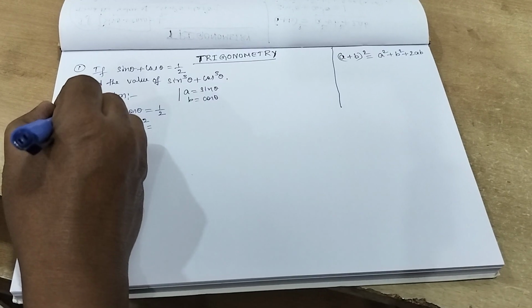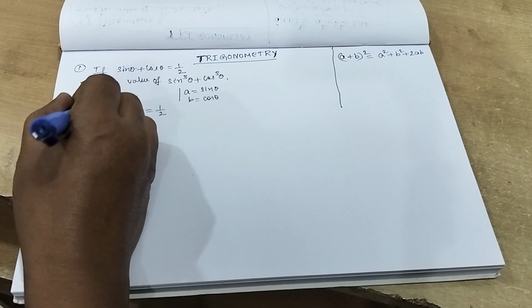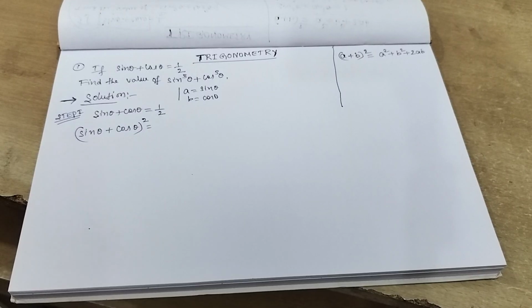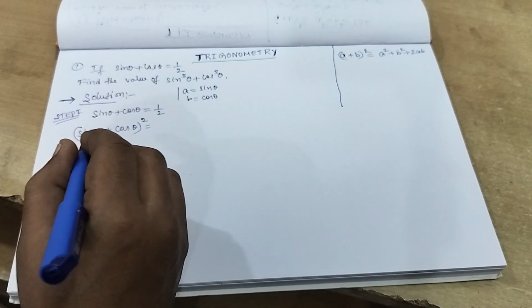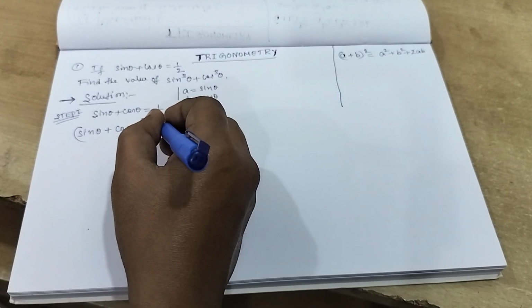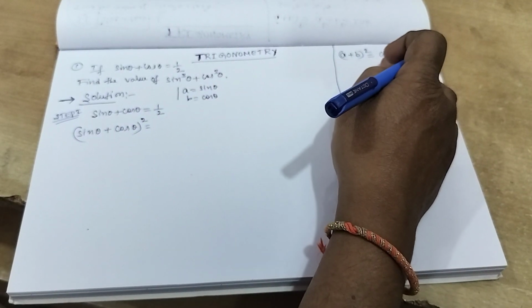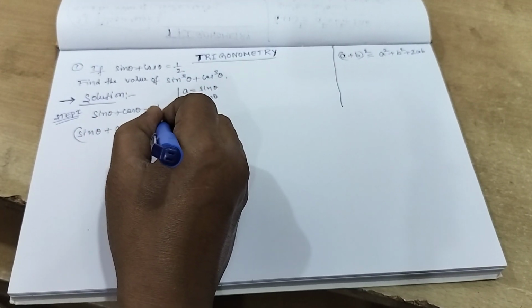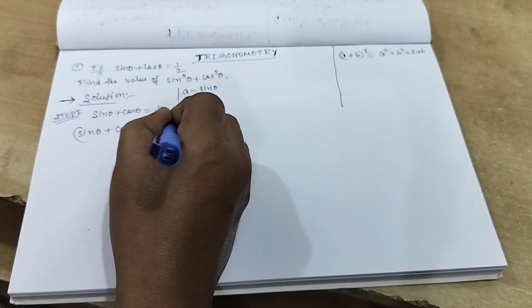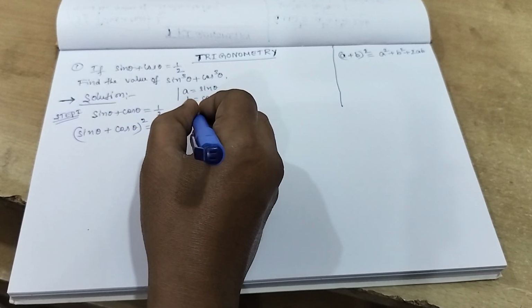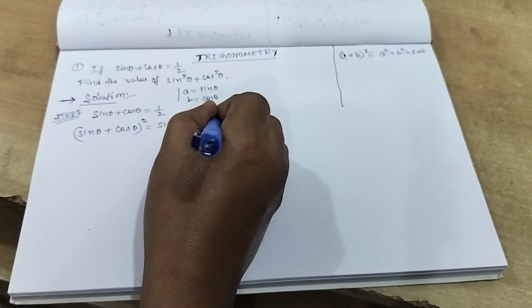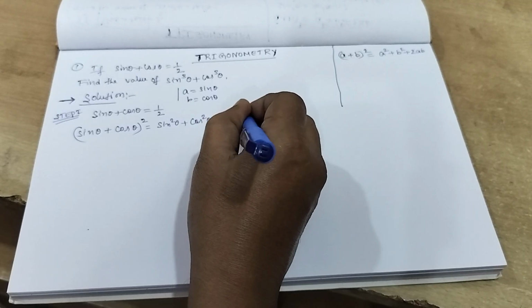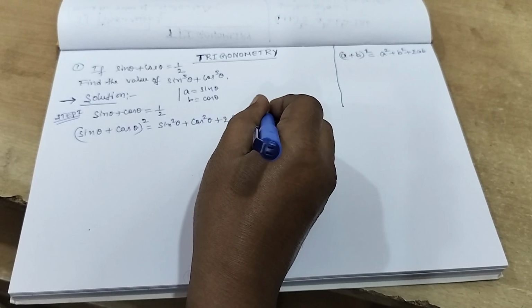This is step 1, applying the identity. So (sine theta plus cos theta) whole square, we just replace a and b with sine theta and cos theta. So a square means sine square theta and b square means cos square theta, plus 2ab, so 2 times sine theta times cos theta.